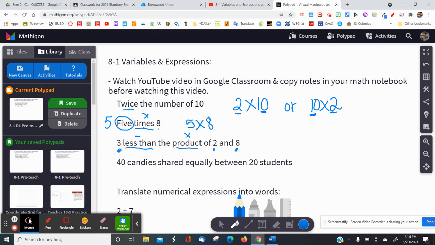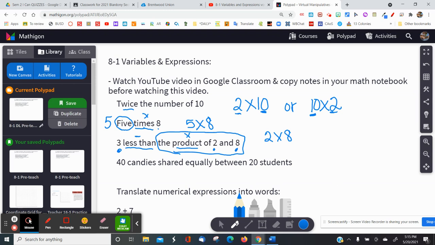So I'm going to look at this first and determine what I need to do first. It says 3 less than the product of 2 and 8. So I'm going to write out the product of 2 and 8. That means 2 times 8. That is the product of, because product is the answer to a multiplication problem.